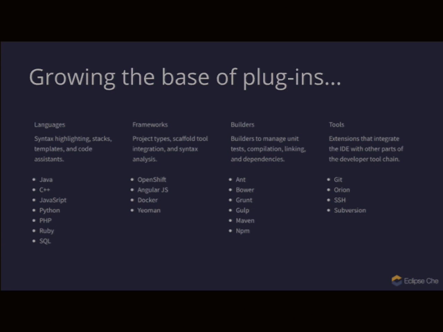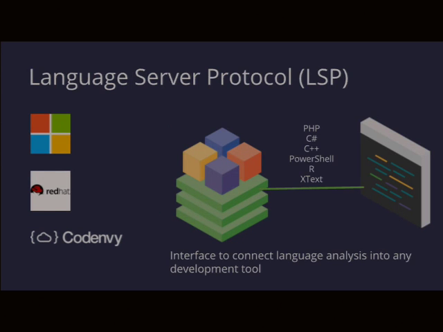You also have the language server protocol, and I will speak about that a little bit later. And you have all sorts of plugins for Git, for Subversion, for SSH, and so on, and Maven, of course.